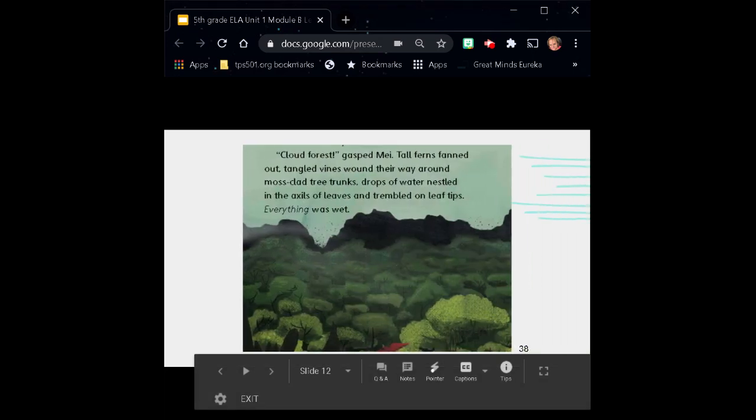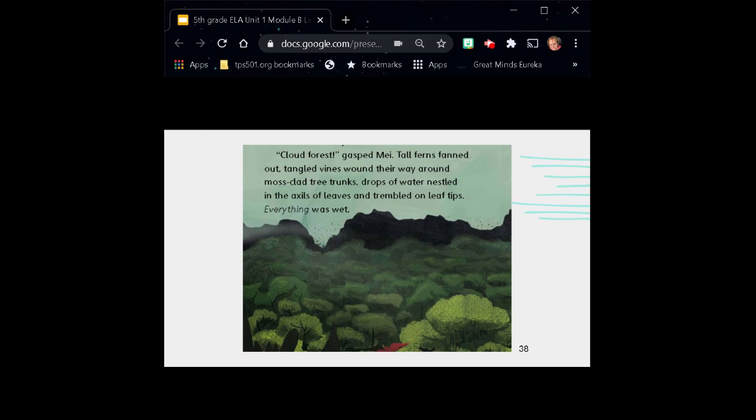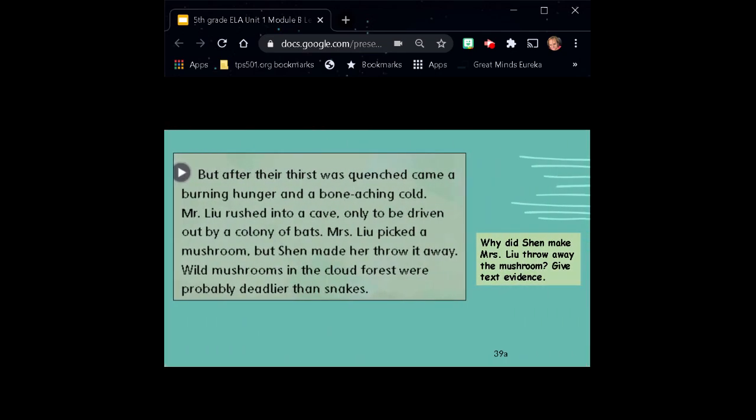"Cloud forest!" gasped May. Tall ferns fanned out, tangled vines wound their way around moss clad tree trunks, drops of water nestled in the axils of leaves and trembled on leaf tips. Everything was wet. But after their thirst was quenched came a burning hunger and a bone aching cold.